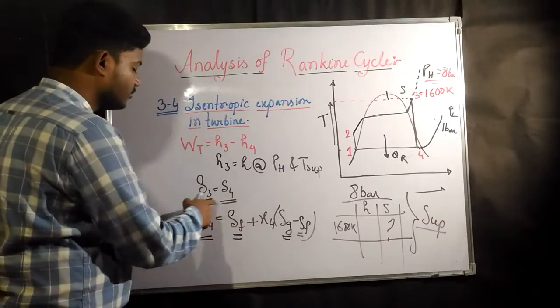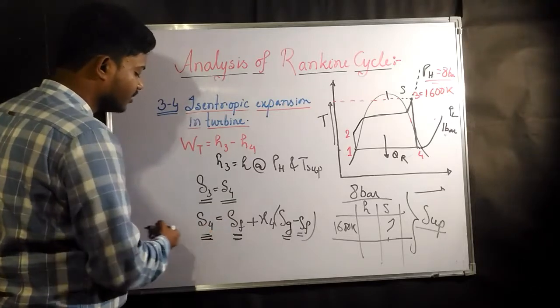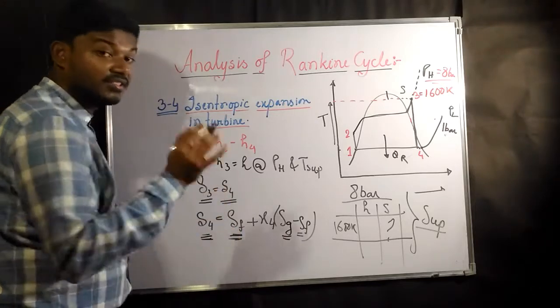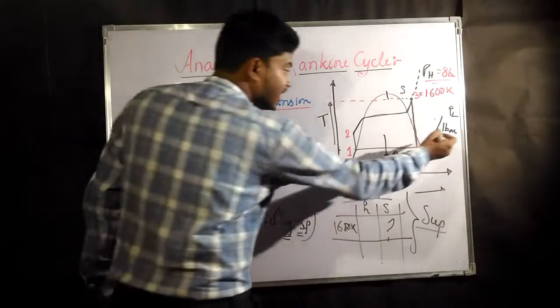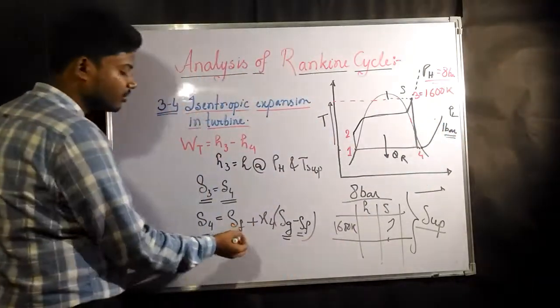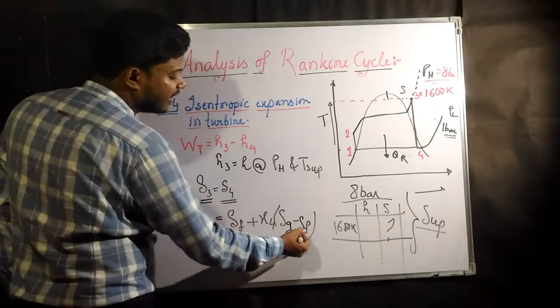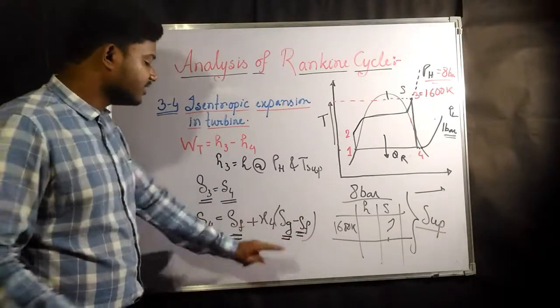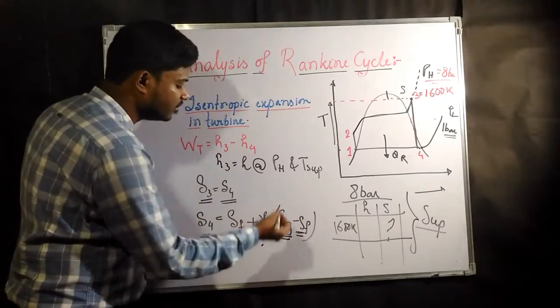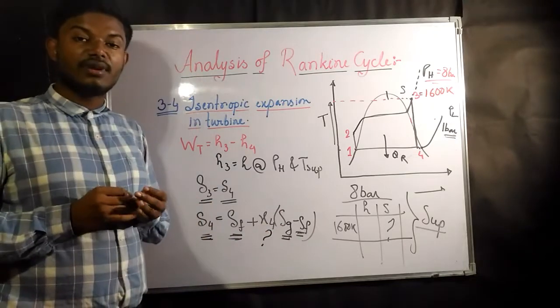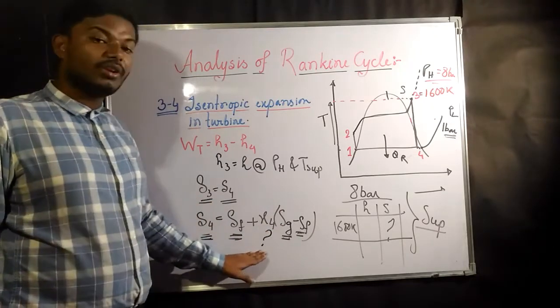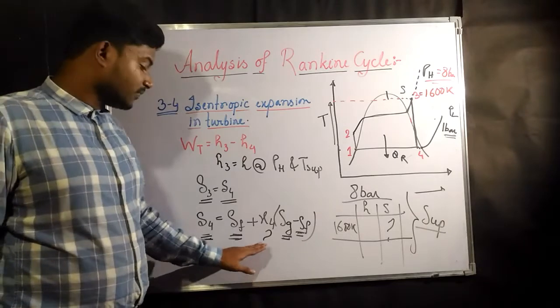So now you know S4. Equating S3 and S4, you are going to find S4 from the saturated segment of the steam table, and at that particular pressure you are going to find SF and SG. SF is already known. So all these things are known. What do you need to find now? You need to find the dryness fraction, X4.